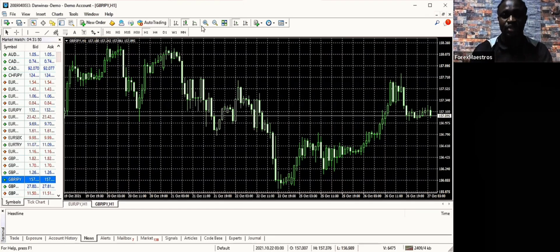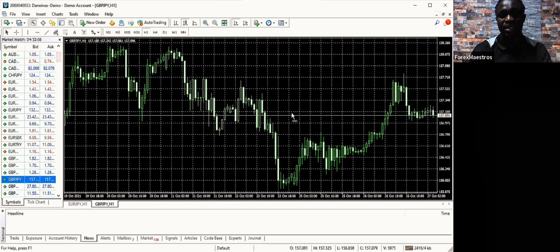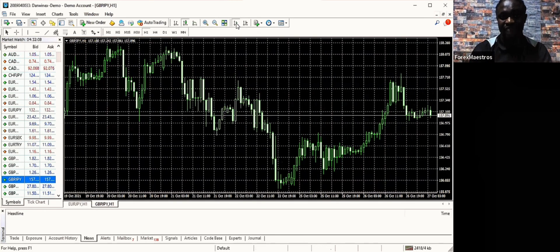Okay, so we use candlesticks. You check your candlestick. I've shown you how to zoom and all of that. Now this is your scroll. If you want to scroll your chart back to be able to see what has happened, I have this checked: scroll the chart to the end of the tick incoming, and this one, shift end of the chart.